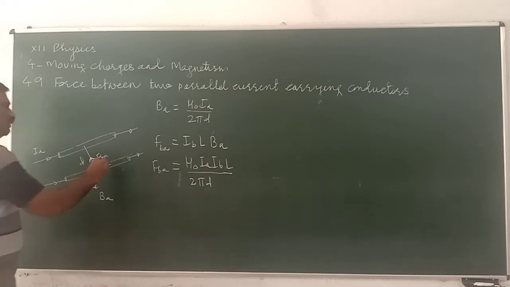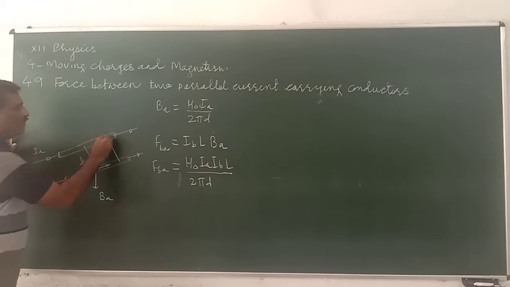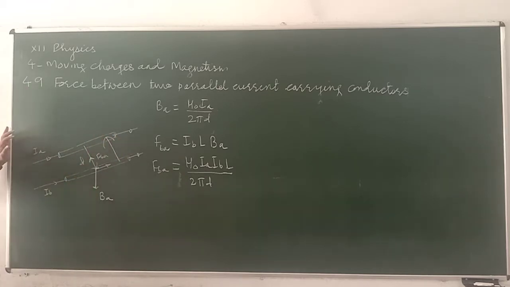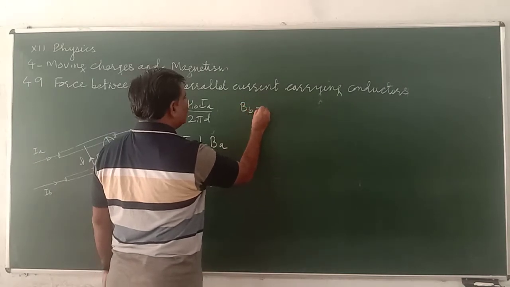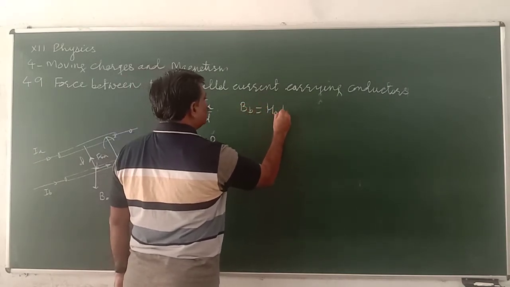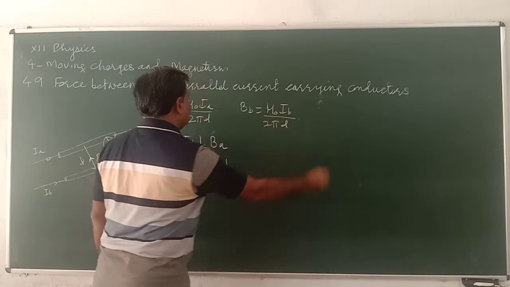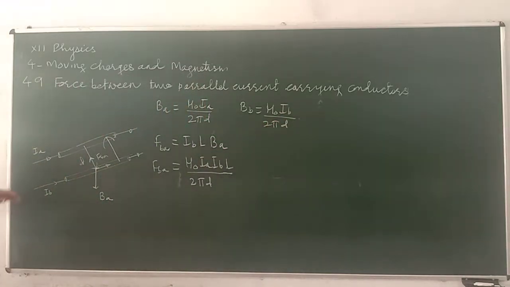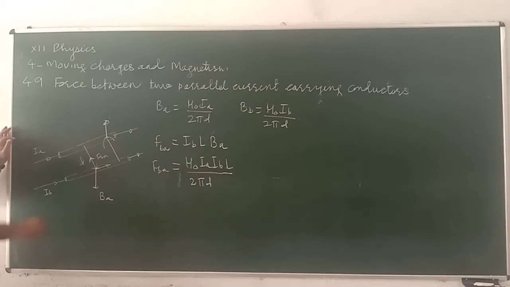In a similar manner, we now change roles. First we considered the magnetic field due to A; now we take the magnetic field due to B. The magnetic field due to B, BB, is equal to mu 0 IB divided by 2 pi D, and this field is in the upward direction.